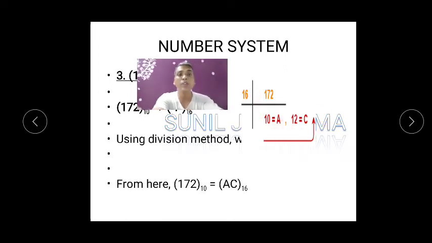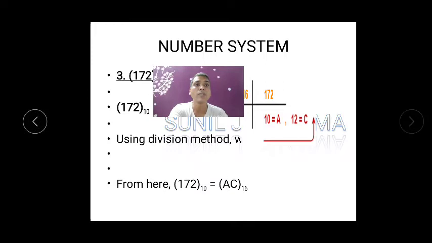As I already told you, we cannot write a two-digit number, it has to be a single digit. So the numbers greater than 9 you have to write in characters, that is A, B, C, D, E, F, till F only. We cannot go till Z. So your answer is AC in hexadecimal. Either you can write base as 16 or you can write H.